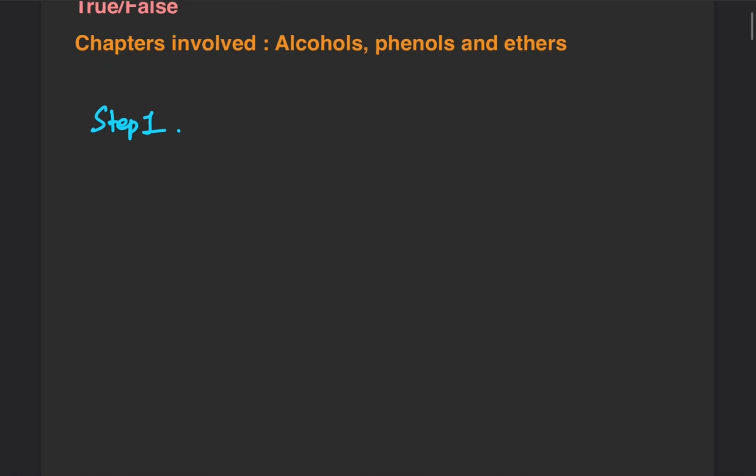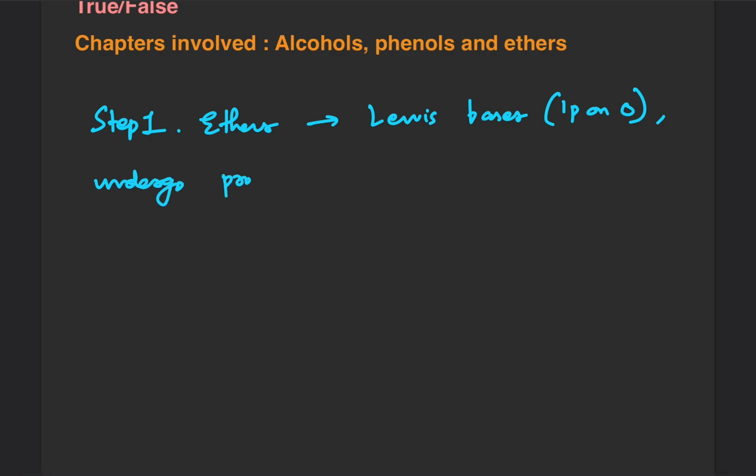In step 1, ethers being Lewis bases, because they have lone pairs on the oxygen atom, undergo protonation to form oxonium ions. I will write that down: ethers are Lewis bases due to lone pairs on oxygen, and undergo protonation to form oxonium ions.